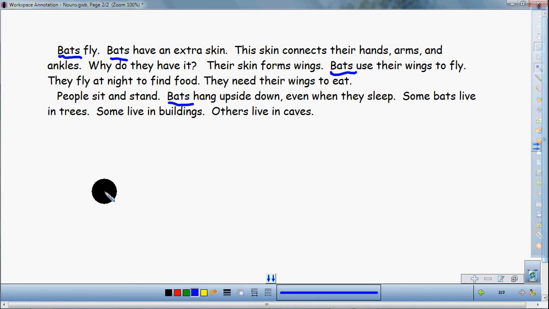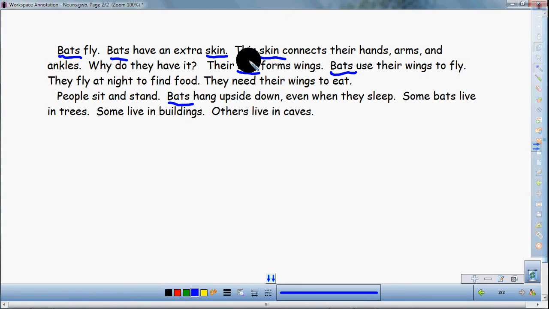Let's look at the second sentence. Bats have an extra skin. Skin is a part of the body. Parts of the body are things. Wherever you see the word skin, underline skin. All right.